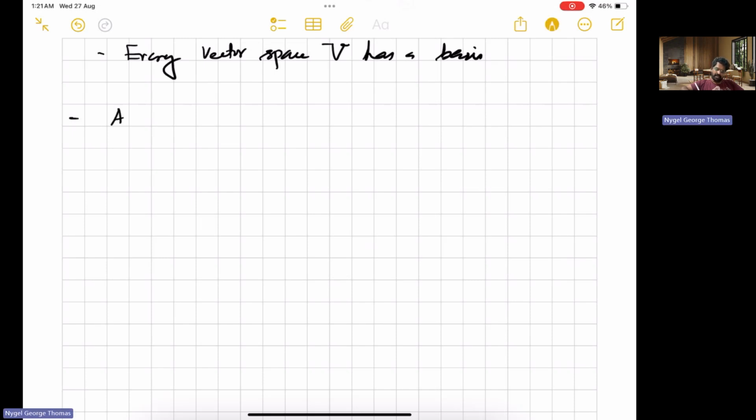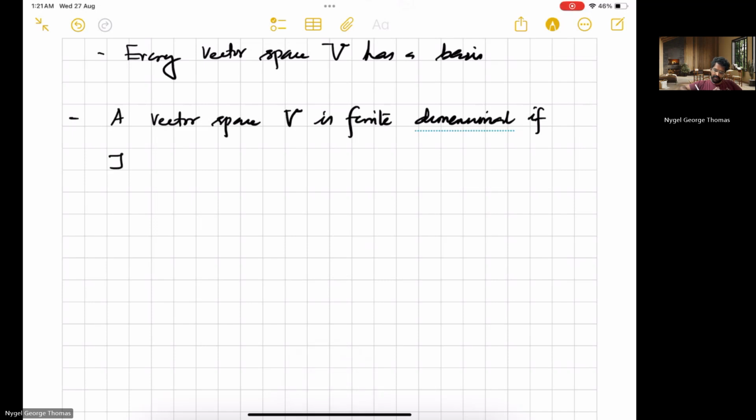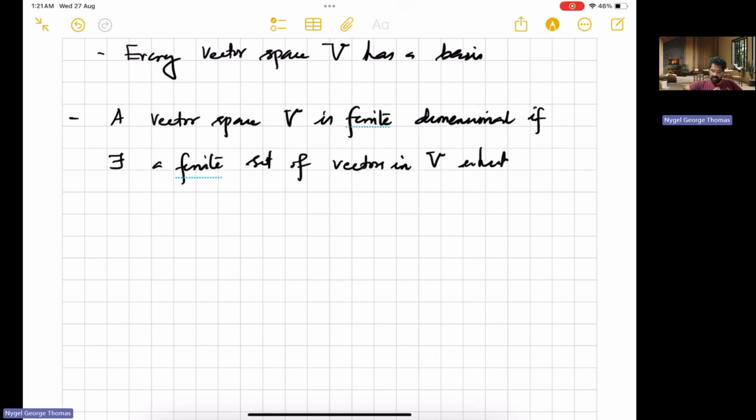So let's take a statement here. A vector space V is finite dimensional if there exists a finite set of vectors which is a basis of V. What does it mean?